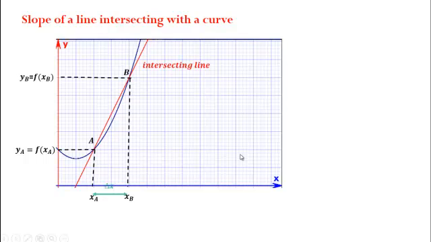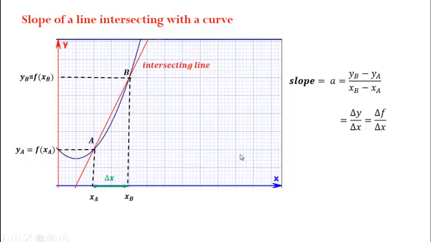And we notice that we have an interval. It's not small. We have an interval delta x. So in this case, if we want to find the slope of this line, what do we say? We say that slope equals yb minus ya over xb minus xa, and this is what we call delta y over delta x. So we have a big interval of x and a big interval of y.